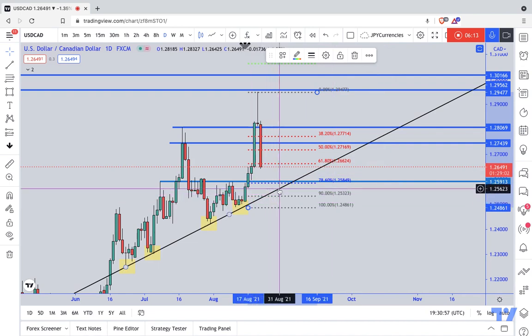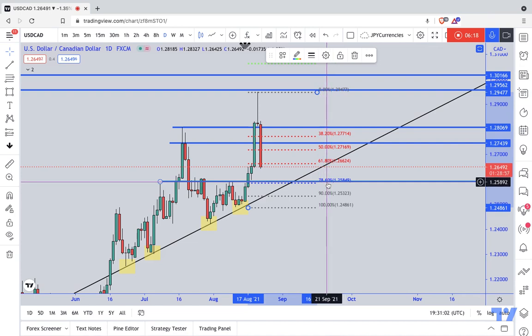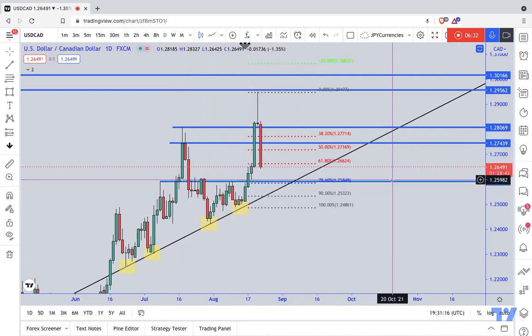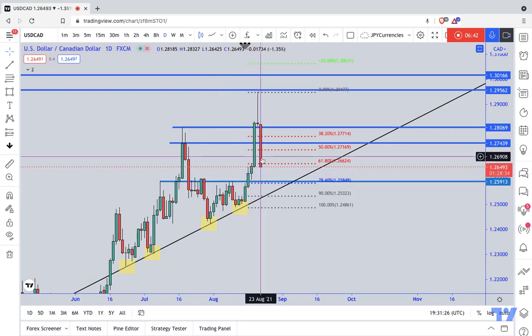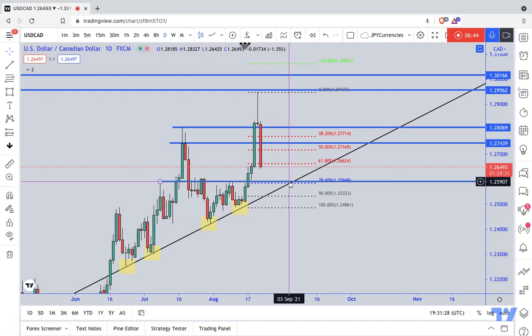This is such a beautiful setup because we can even see that the 78.6, which is considered the last Fib retracement level, is sitting right in line with this horizontal support, which was previous resistance. It was resistance here, it was resistance here, and it got broken. I think if we're gonna head lower, this is the lowest we can come.